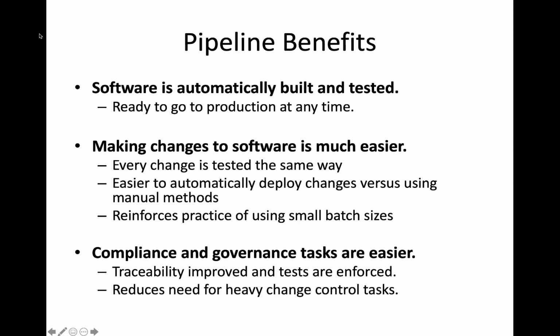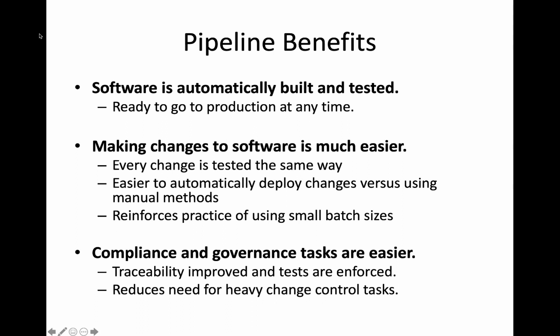It's easier to automatically make this sort of progression through the pipeline versus trying to manually test our code and manually promote our code throughout the pipeline. And back in the day, most of these things were done manually. You'd do a manual build, and then you'd have manual testing processes.